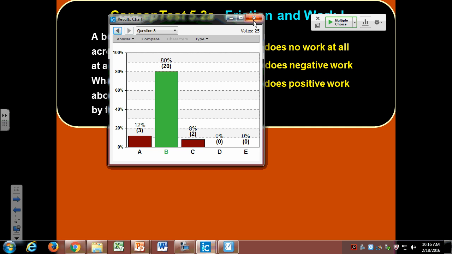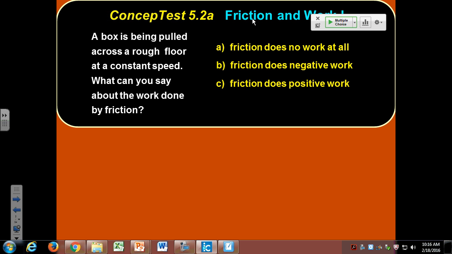Awesome. It does negative work. Remember, because the frictional force will almost always oppose the direction of motion. There are a few special cases where it doesn't, but almost always it opposes the direction of motion. And that means it's going to do negative work.